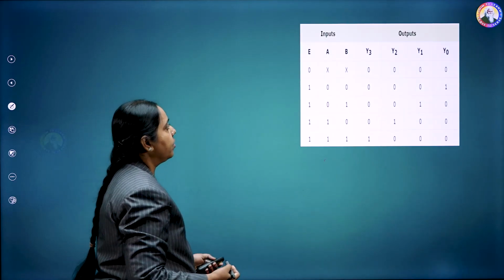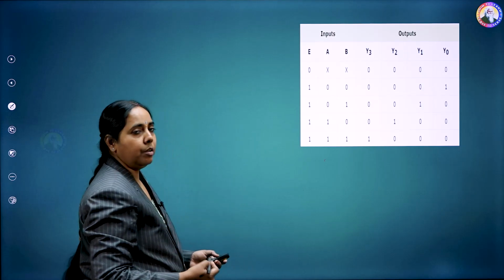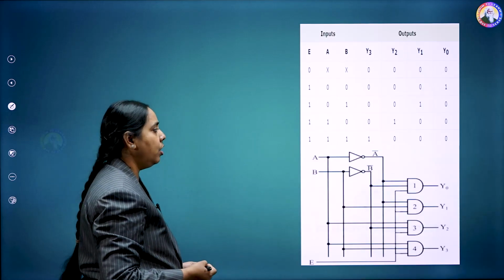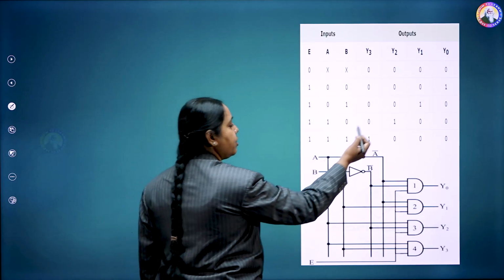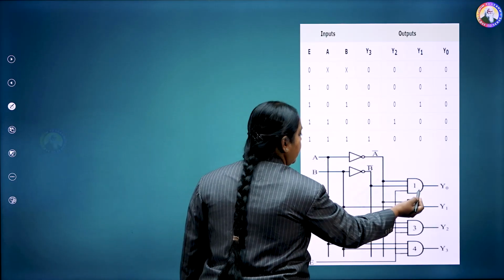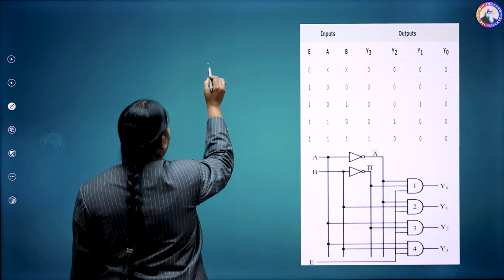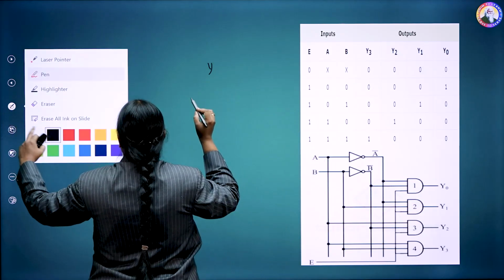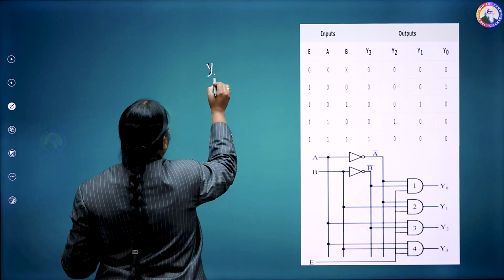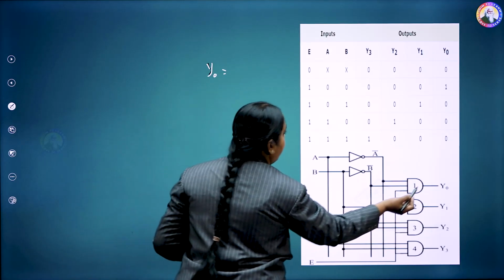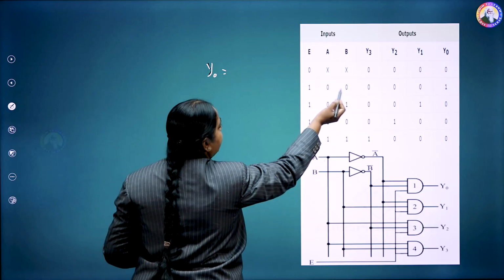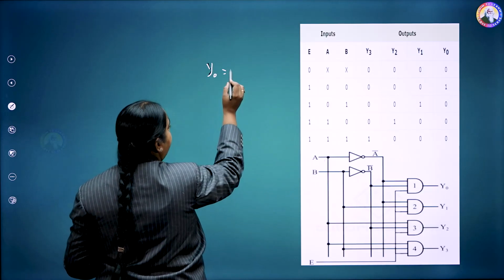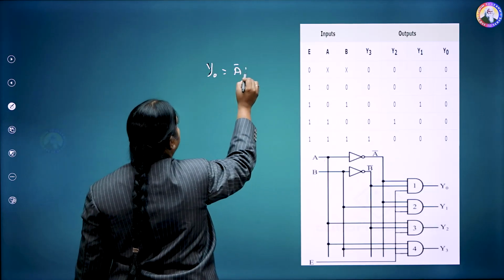Next, by using this truth table, we can draw the logic diagram. This is the logic diagram representation of the 2 to 4 decoder. What are the equations? Y0 corresponds to inputs 0, 0, so it is A bar, B bar.